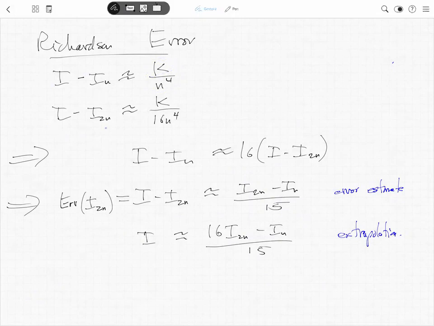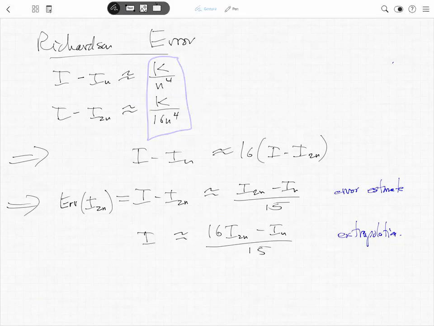I minus I_2n: we replace n by 2n, we have twice as many subdivisions of the interval, and that means this becomes k over 16 n to the fourth, since 2 to the fourth power is 16. And again, you do some algebra here to combine these. What we really want to do is eliminate k from the system.